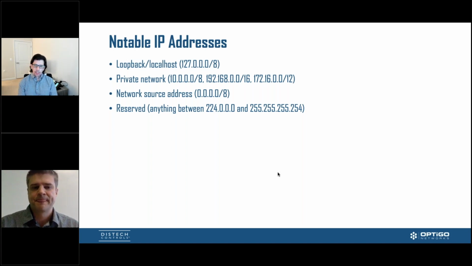David, if I could jump in real quick, just point out one thing. One of the most common mistakes we see with private networks is with the 172 range. You see there it's 172.16.0.0/12, and frequently what we'll see is somebody will accidentally say 172.20 or 172.30 or something like that, thinking that that's private, when in fact it's not.